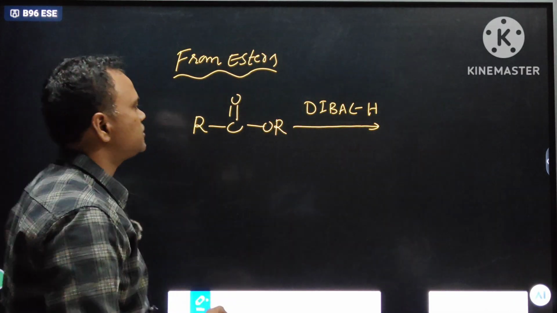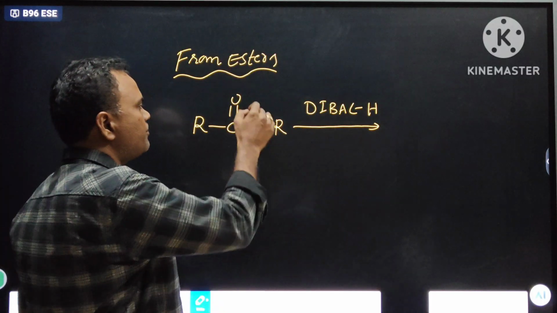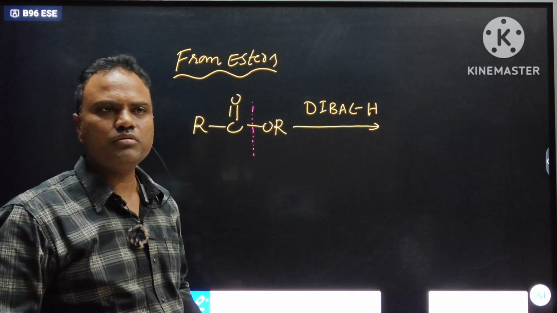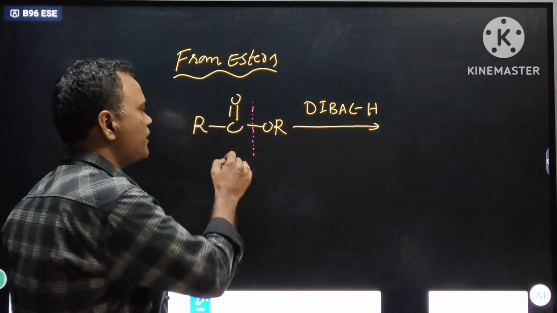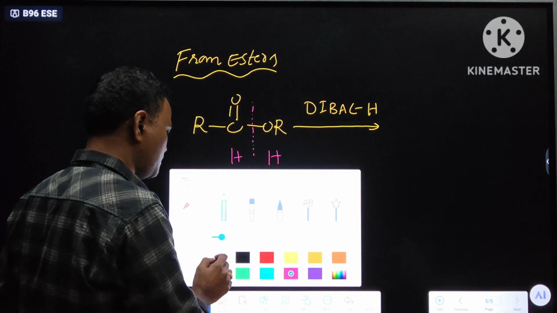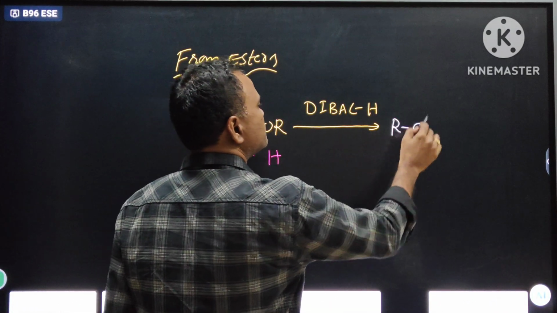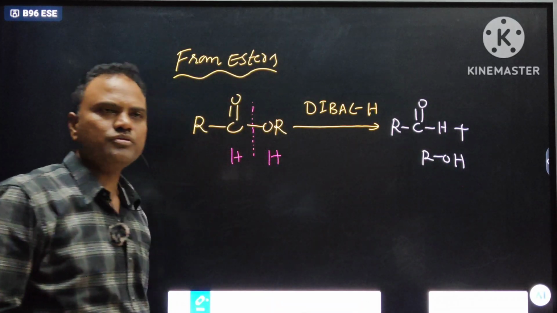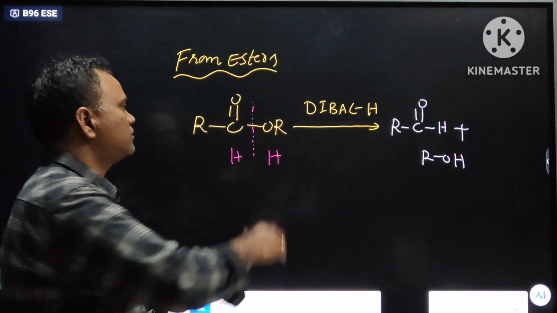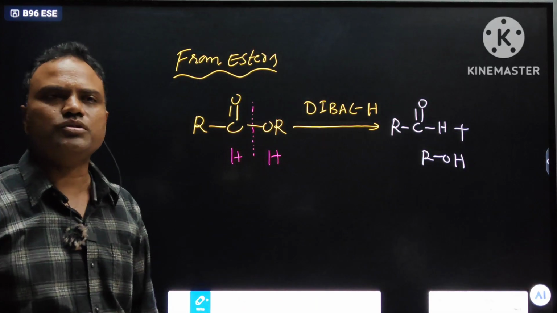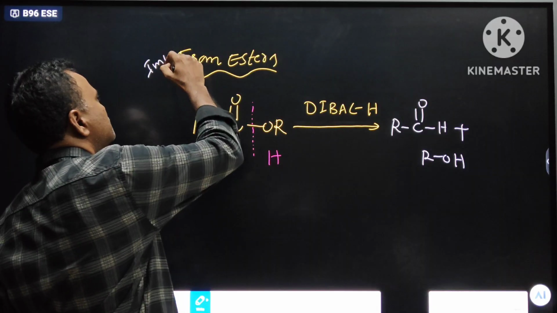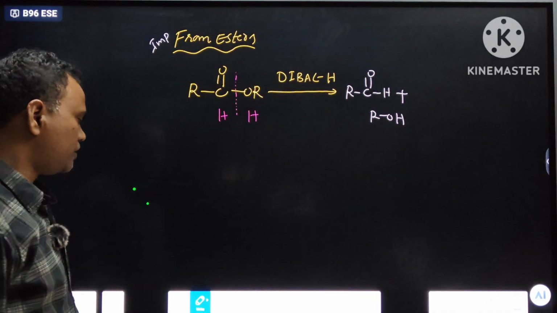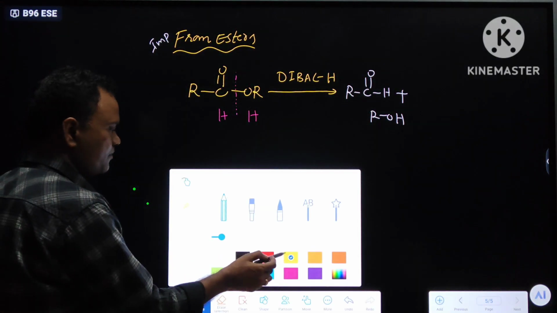See, Sanjana, break this bond, the carbonyl carbon oxygen single bond. Add hydrogen. Very simple. Clear? RCHO plus ROH. Aldehyde is produced. Very simple. Break the carbon oxygen single bond. Most important preparation method. Let us see one example.